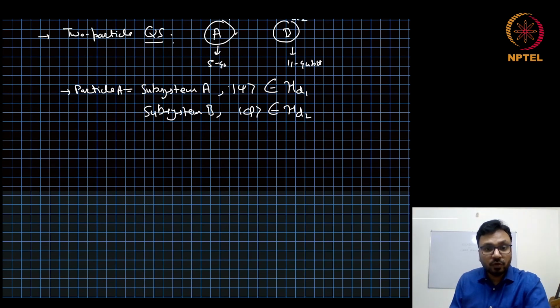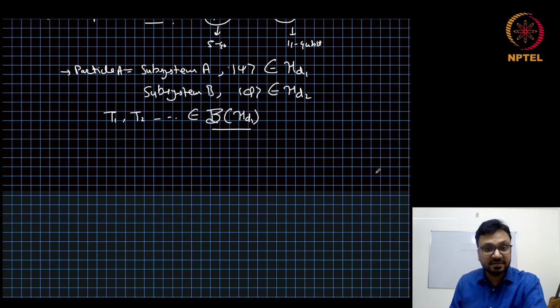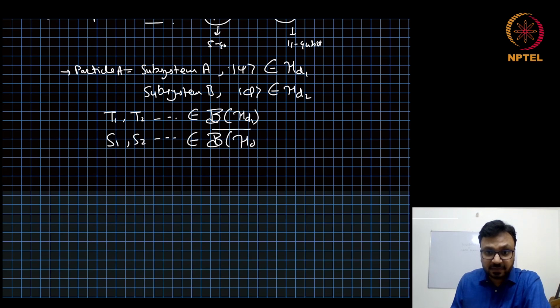We can have operators, let us say T1, T2, acting on Hilbert space H_D1. So they belong to the set of operators acting on H_D1. Let us represent the set of operators acting on H_D1 by B(H_D1). And S1, S2 are the operators acting on subsystem B, so they belong to the set of operators acting on H_D2.